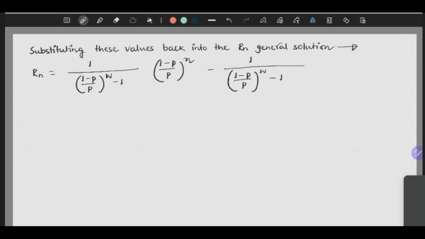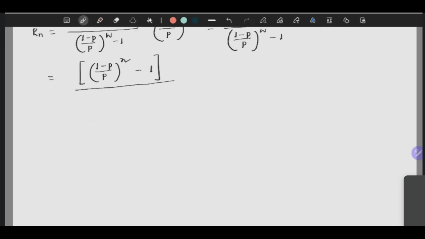Basically if you take out this value, it becomes ((1 minus p by p) to the power n minus 1) divided by ((1 minus p by p) to the power w minus 1).